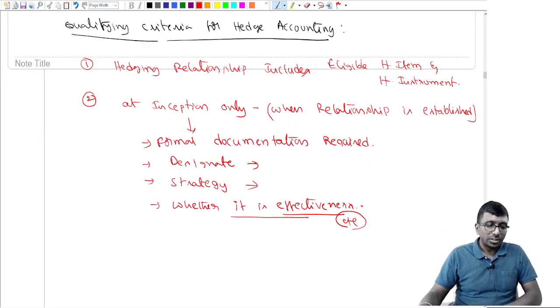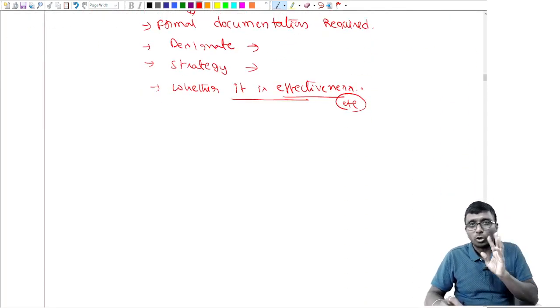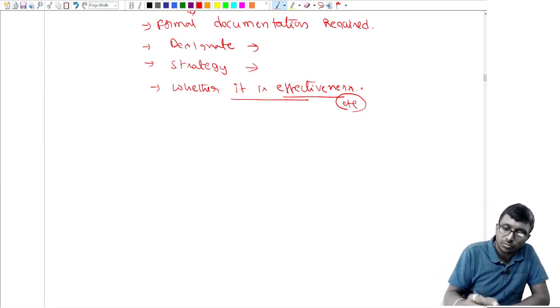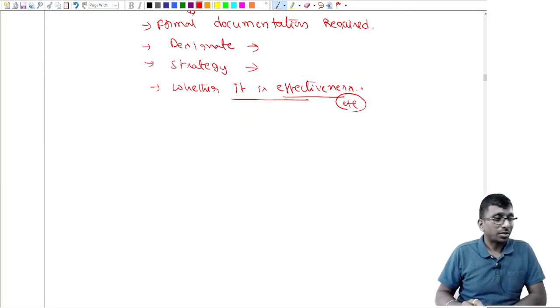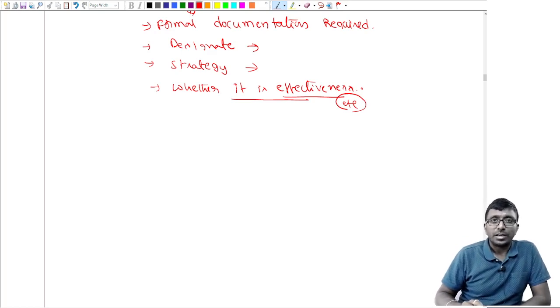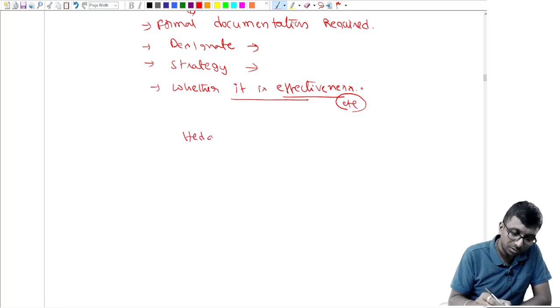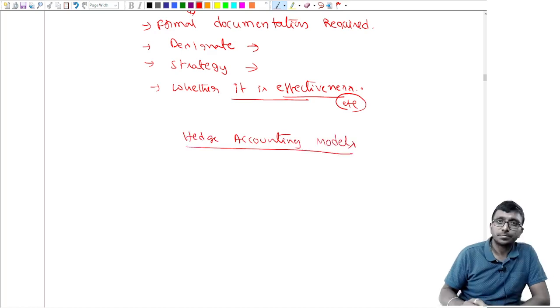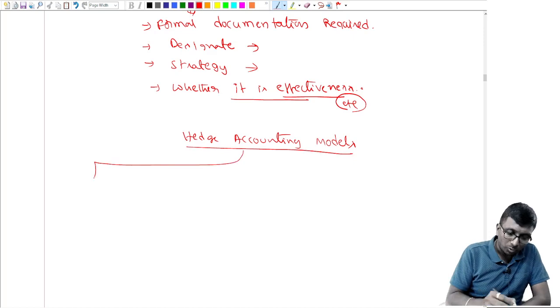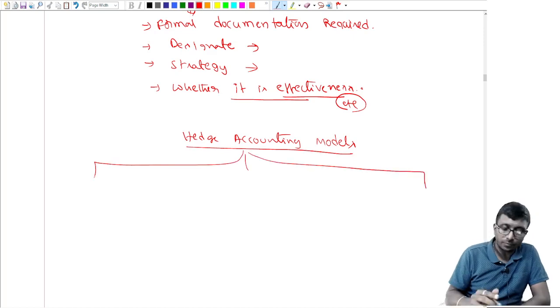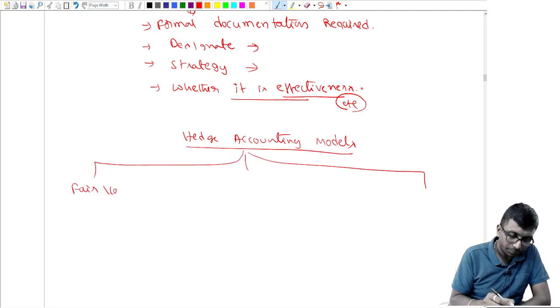So there are three models of hedge. As per the standard, there are three hedge accounting models. First one is fair value hedge, FVH in short form.